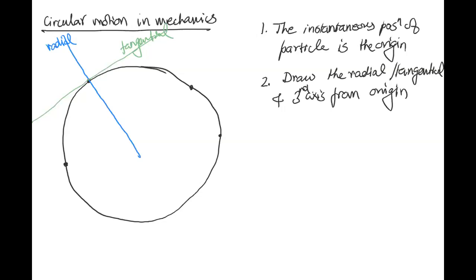But it turns out, as I will show you, that handling circular motion in polar coordinate system is much, much, much easier than handling circular motion in Cartesian coordinate systems. Especially when you are dealing with non-uniform circular motion, then Cartesian really becomes very, very lengthy, very, very cumbersome.